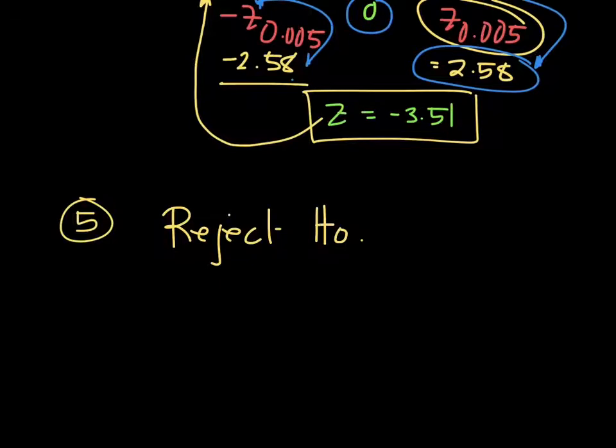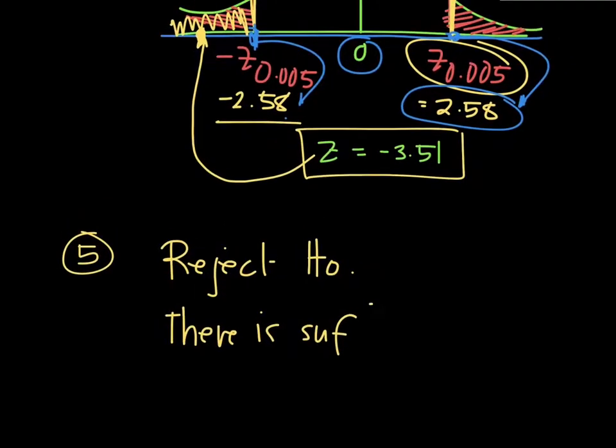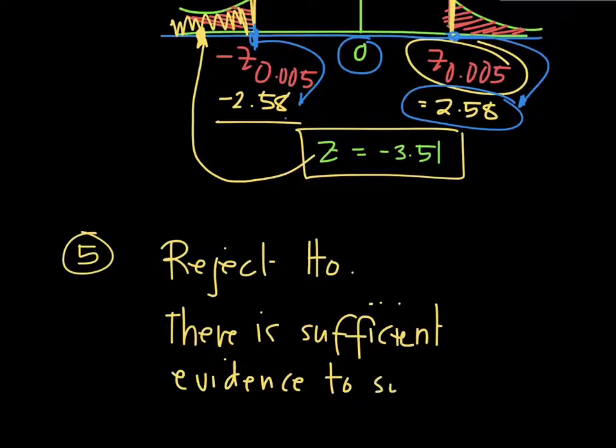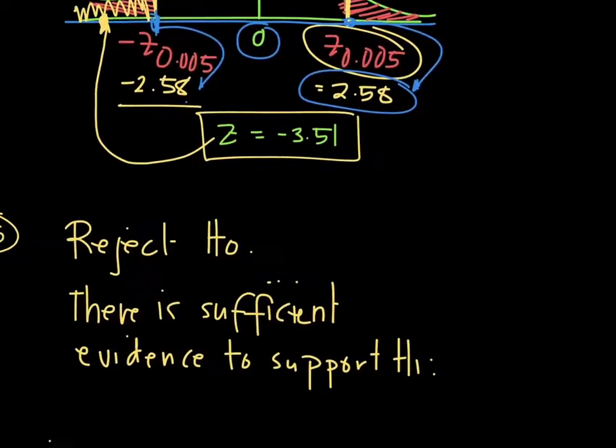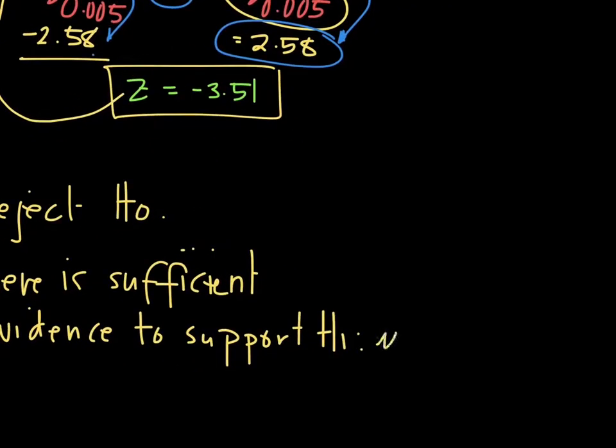In other words, there is sufficient, so this is the standard way of writing your conclusion. There is sufficient evidence to support H1, and that is H1: mu is no longer equal to 7.